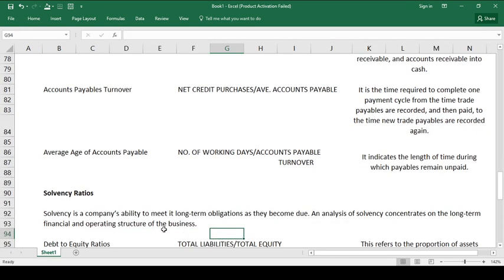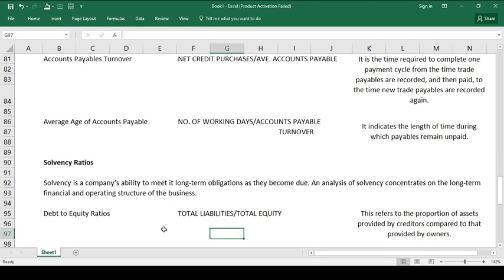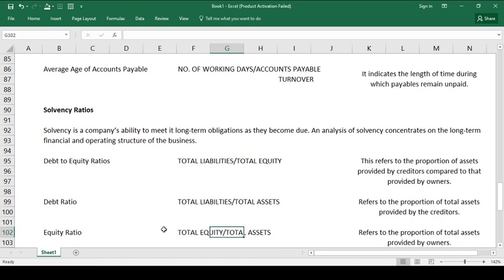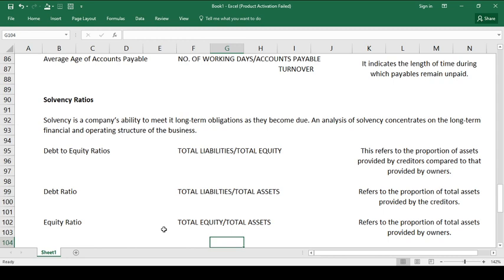Okay? The second to the last group of ratio that I'm going to discuss is yung mga solvency ratio. Actually, pareho lang siya sa liquidity ratio. However, yung liquidity ratio kasi is most on short-term liabilities. Yung solvency ratios, these are the company's ability to meet or to pay its long-term obligation.